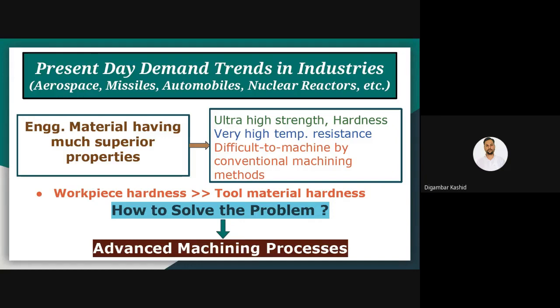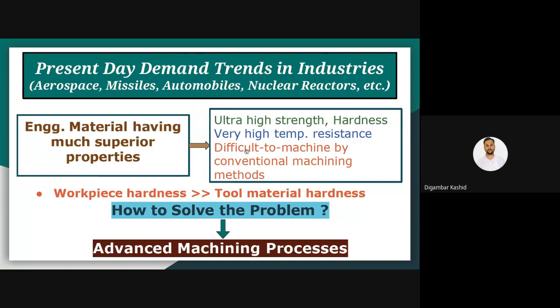Whatever engineering materials are in demand in the present day should have much superior properties, such as ultra high strength, hardness, and very high temperature resistance.